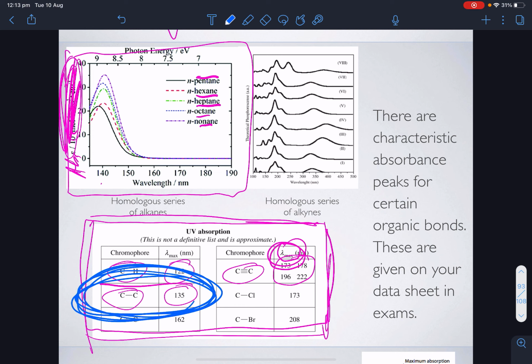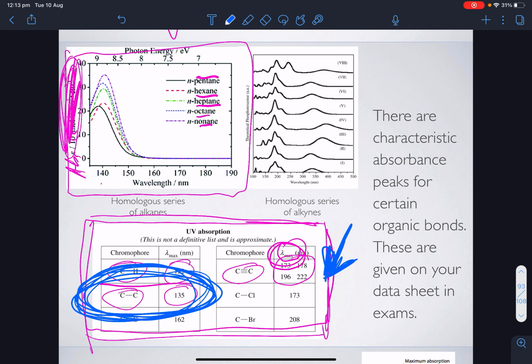So it's roughly the same, it's slightly shifted, but with this information from my data sheet, I know that what we're dealing with is something with a lot of carbon-to-carbon bonds. Hey, that's probably an alkane, okay?